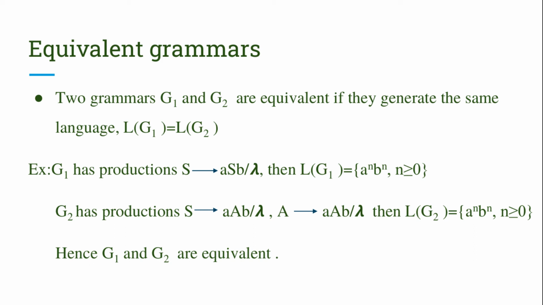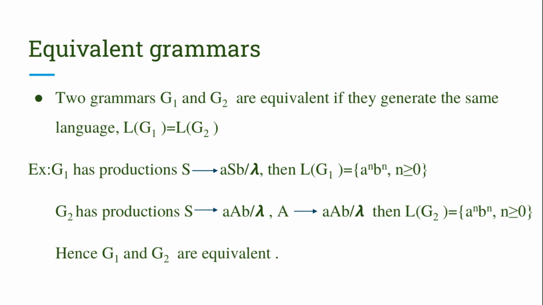Equivalent grammars. A language can be generated by many grammars. Two grammars G1 and G2 are equivalent if they generate the same language, that is, L of G1 equals L of G2. For example, consider the grammar G1 which has productions S to ASB or lambda. When we generate the strings using this production, we will get the language a raised to n, b raised to n, where n is greater than or equal to 0.